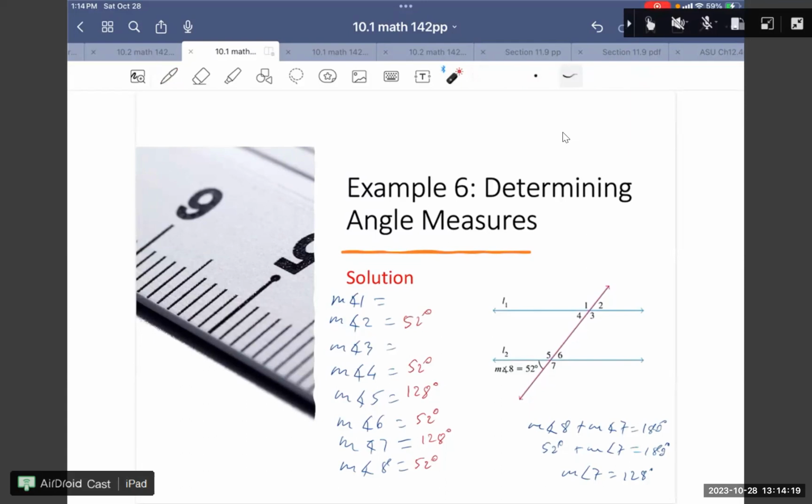And the alternate angles 5 and 3: we have 5 already, so angle 3 is 128. Since we have 3 already, we can figure out 1 because that's a vertical angle, so angle 1 is 128. Is that complete? Yes. Are we done for that?